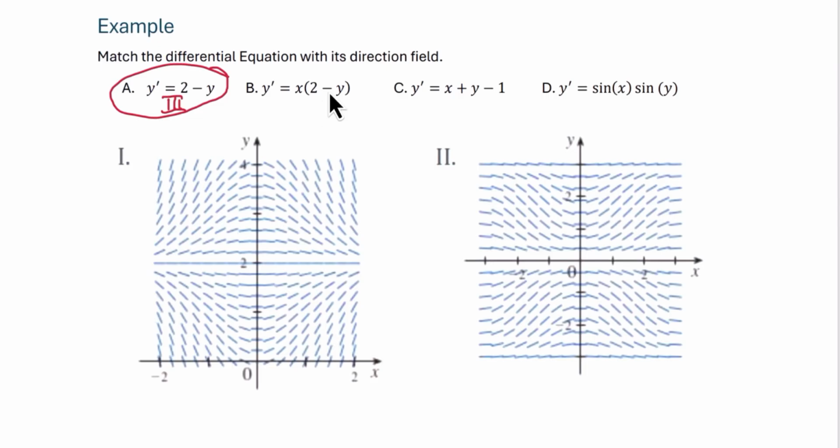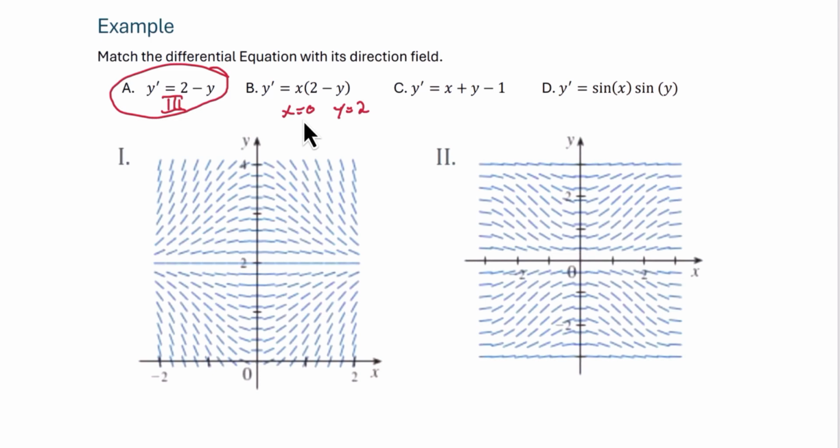In part B, again, I like to think of the derivative being 0. So that's going to happen when x is 0, or when y is 2. If y is 2, we have a y prime of 0. So let's look for x equals 0, that's the y-axis.